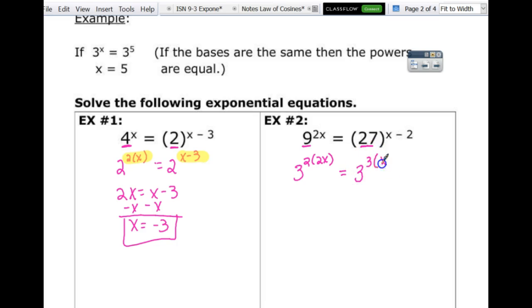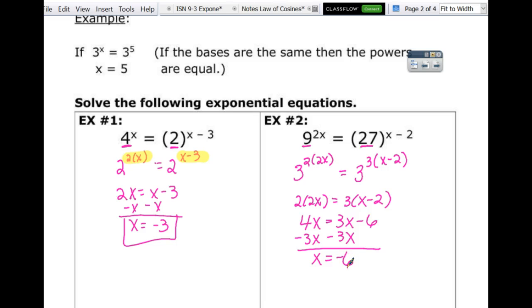And I'm going to put all this in parentheses. So once the bases are the same, then I can solve the exponents. So I'm going to have 2 times 2x equals 3. I'm going to distribute. And then I'm going to solve. Same bases, distribute, solve. Yes. I told you it was easy. Fun Friday.